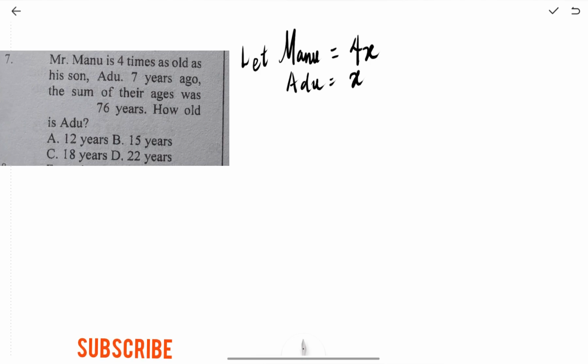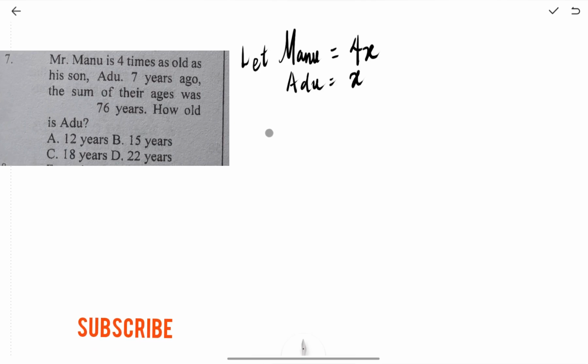So that means our problem is easier because we're going to use the same variable to represent the two. That's x. So let Adu be x. Because the question says that Manu is 4 times as old as his son, and his son is Adu, if Adu is x, Manu will be 4x, 4 times as much as the age of Adu.